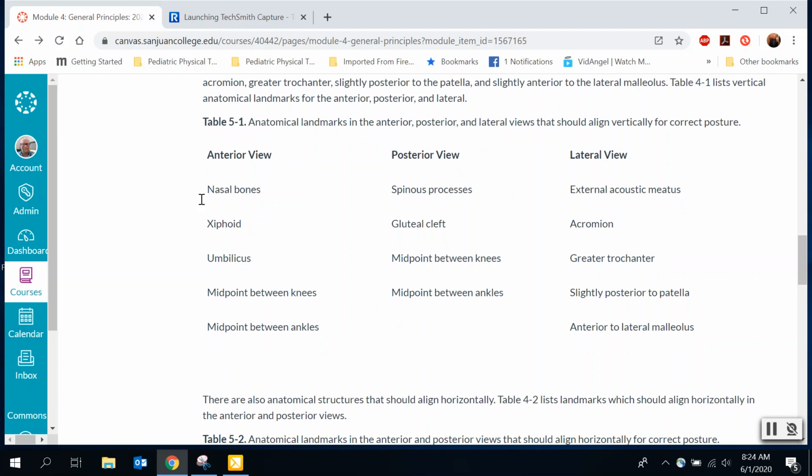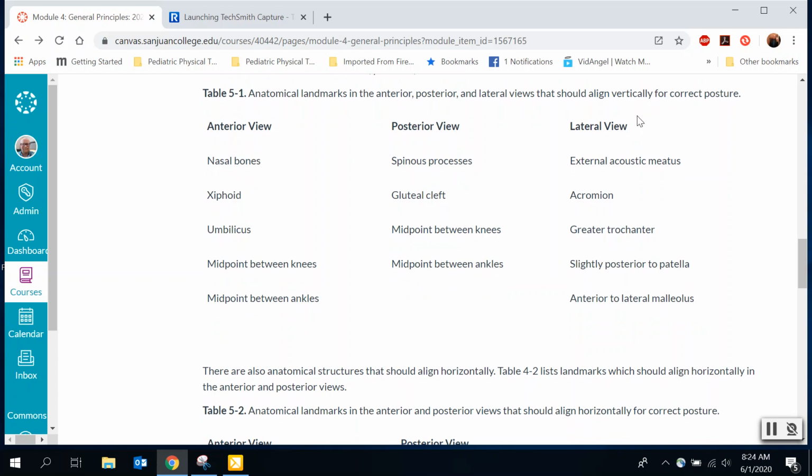So if you're looking at somebody from the front, these are the things you look for. If you're looking at somebody from the back, these are the things you look for. You line them up with the spinous processes, the gluteal cleft, your butt crack, okay? Midpoint between the knees and midpoint between the ankles. And then lateral view: external acoustic meatus, basically the opening in your ear.